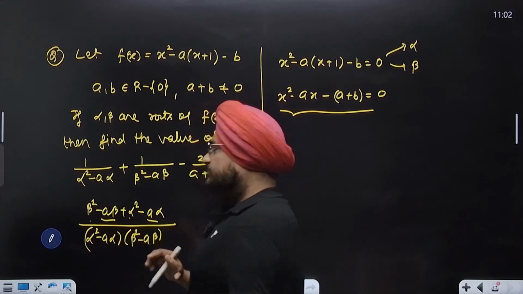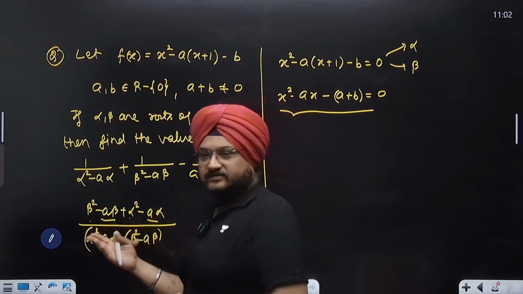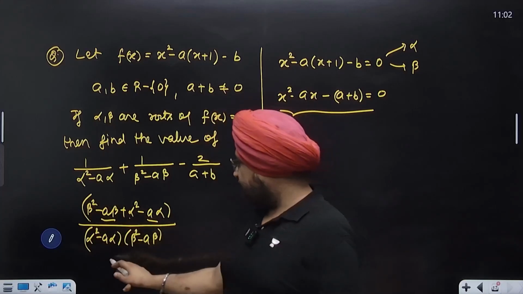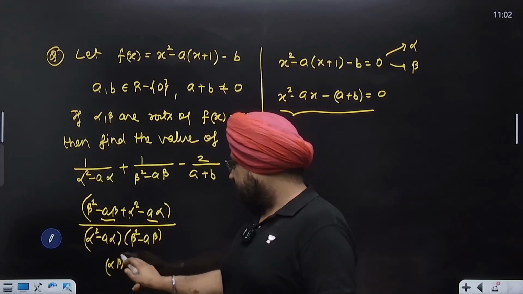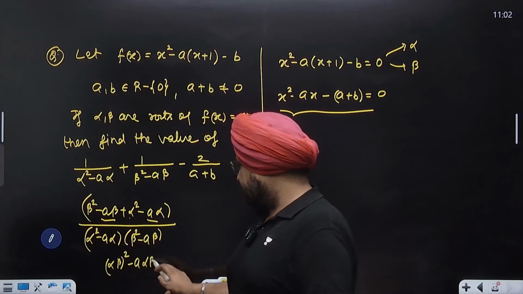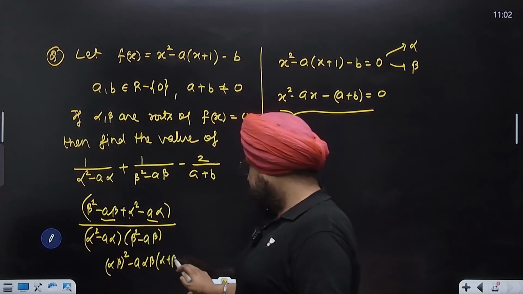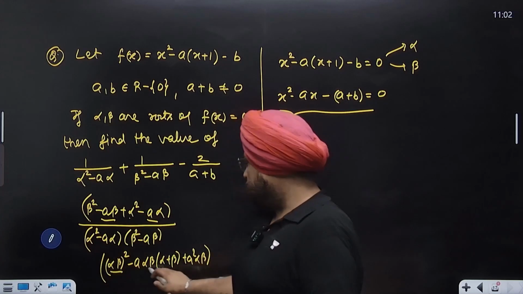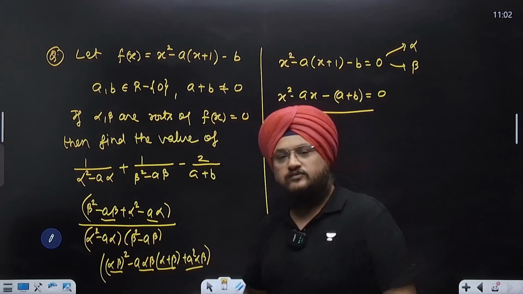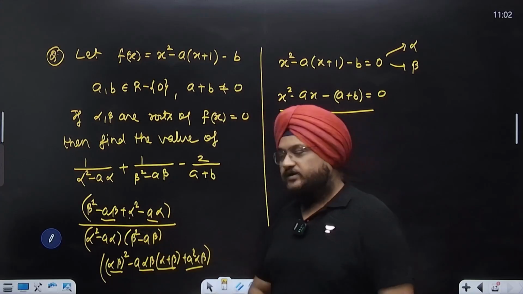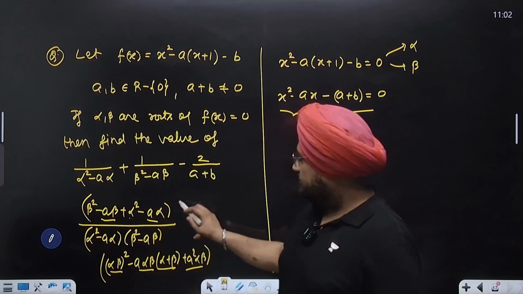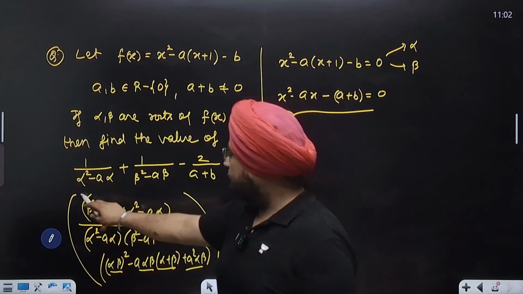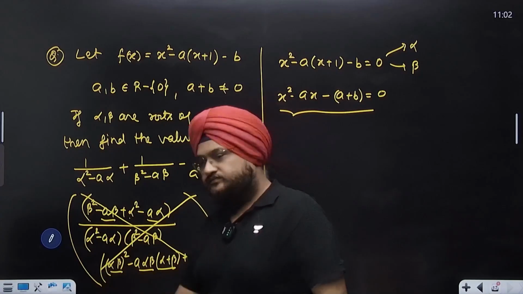Alpha into alpha plus beta, a into alpha plus beta, we can find from sum of roots and product of roots, so the numerator is sorted. Now if we multiply this out, alpha beta square minus a alpha beta, alpha plus beta plus a square alpha beta, this is the denominator. Product of roots, sum of roots, product of roots. So numerator and denominator both are sorted, but this is one of the ways to solve, and we are not going to solve by this approach.